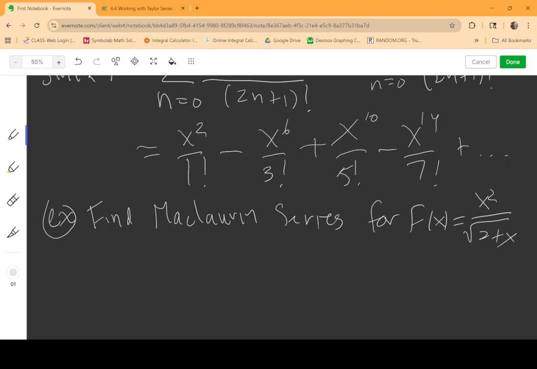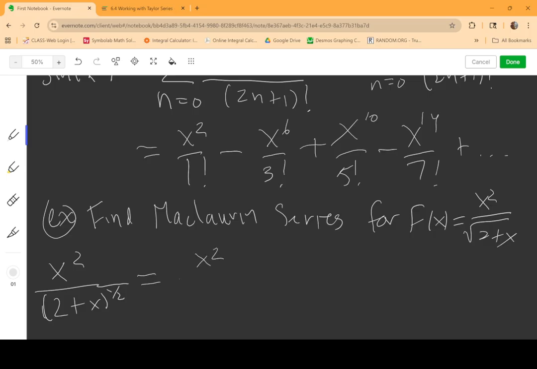So let's take a look at what I can do with my function. First I'll use the exponent notation for the root. And then here I'm going to factor out a 2.